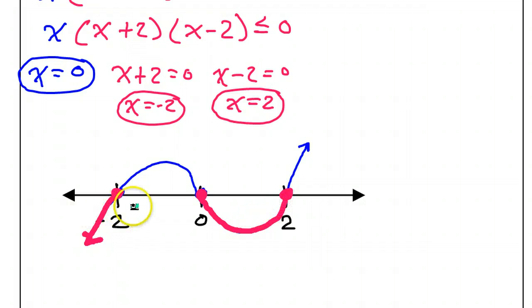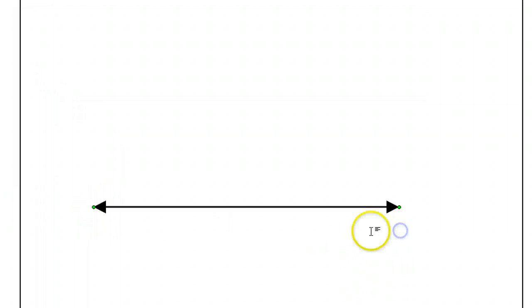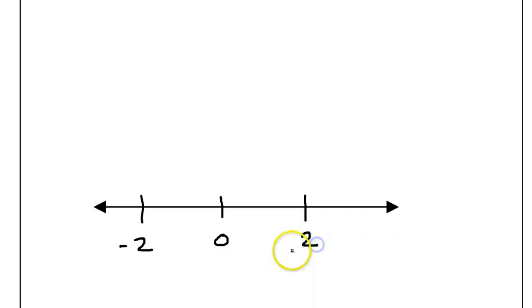Okay, so now for my final answer, all I want are the x values. So I'm going to come over here to my answer area and draw another graph for these answers. Okay, so I have my same zeros of -2 and 0 and positive 2.